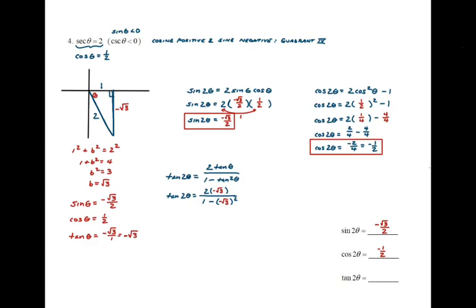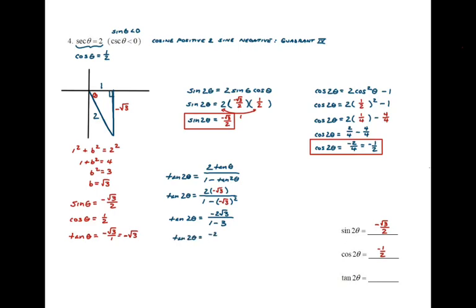And if you don't have parentheses there, there's a chance you could possibly call that a plus, which means you would have a slightly different value in the denominator, which would definitely affect your answer. So 2 times negative root 3 in the top is negative 2 root 3. And then negative root 3 squared is 3. So I end up with just 1 minus 3 in the bottom. Definitely not 1 plus, but again, without the parentheses there, you might accidentally call that a plus 3, which would definitely affect your value.